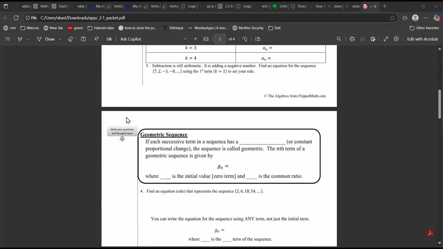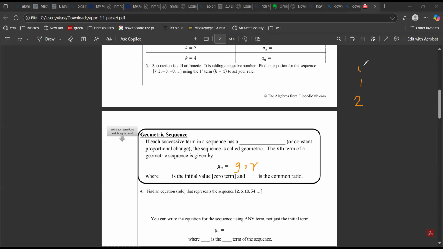If it is a geometric sequence, considering that the initial value is G0, how many common ratios will I multiply? How many common ratios will I multiply considering the first value is the 0th term? Guys, you have to be interactive. You all know this, right? Okay, let's say 1, 2.